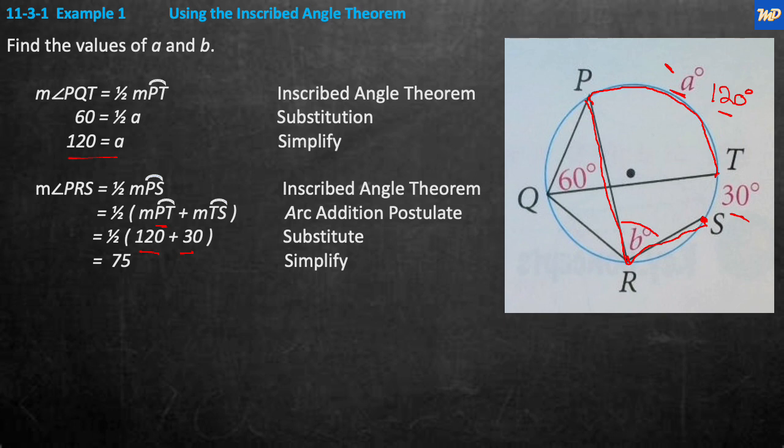So that added together is 150 degrees, and angle PRS is equal to 1/2 of 150, which is 75 degrees. So you added up these two arcs. They gave you this 30-degree piece, and then we discovered the size of A in the previous example. You add the two together, angle B is 75 degrees.